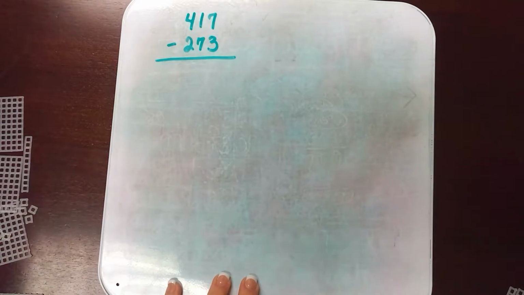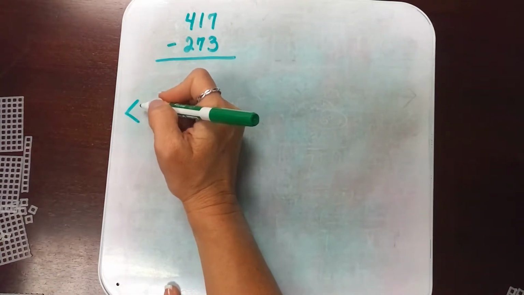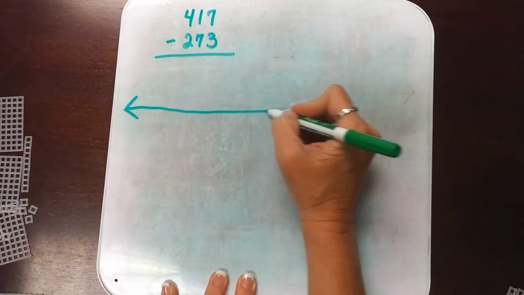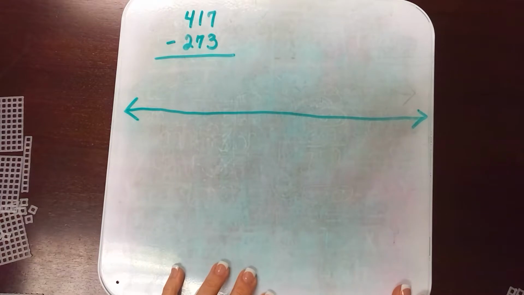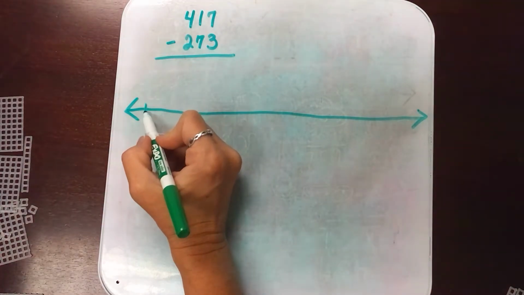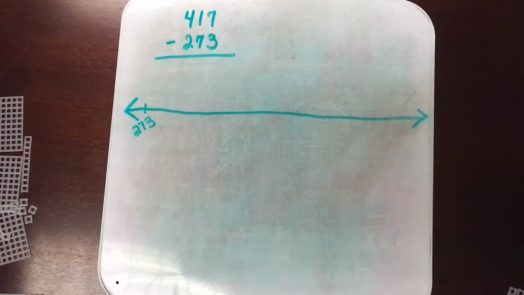Okay, there are 2 different number lines that I can do here. I can have students count on. So I can start with 273 and then get to 417. Okay?